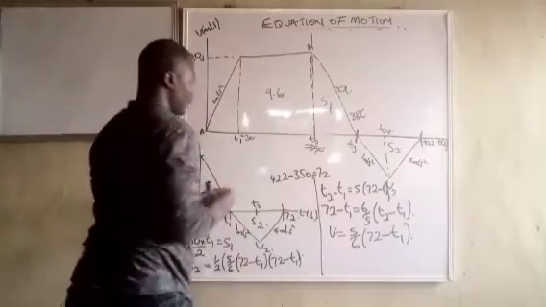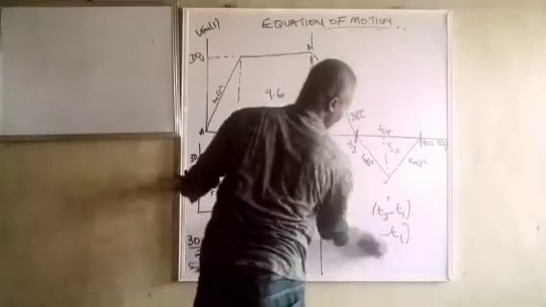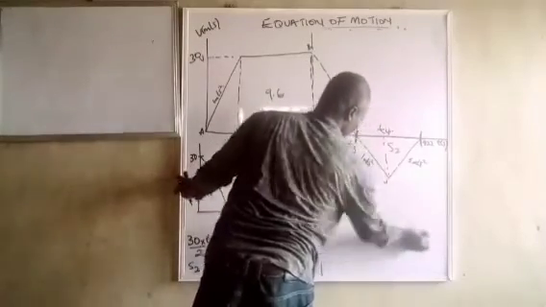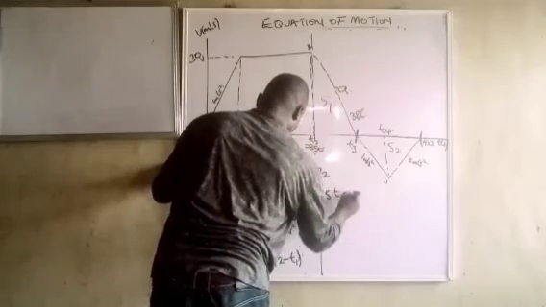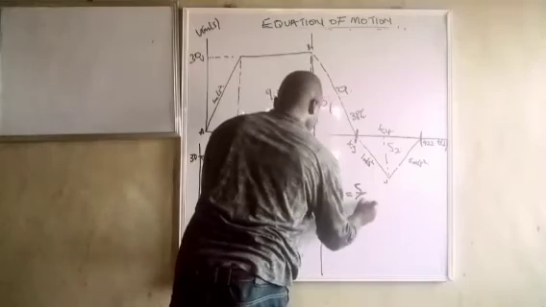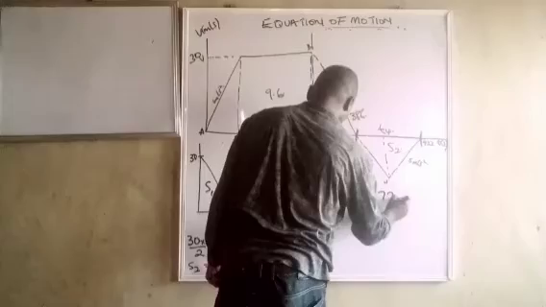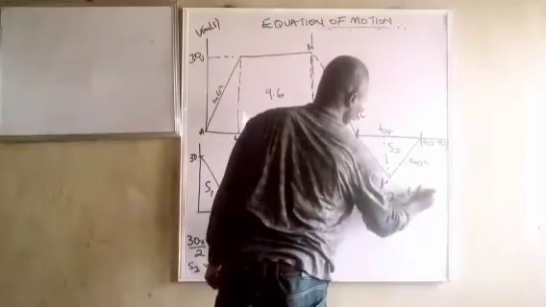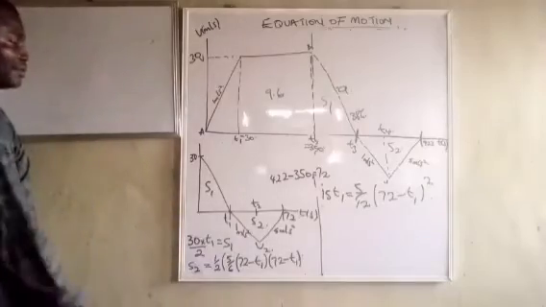So you can see, it is so simple and straightforward. So we have 15 T1 is equal to 5 over 12 into 72 minus T1 all squared.